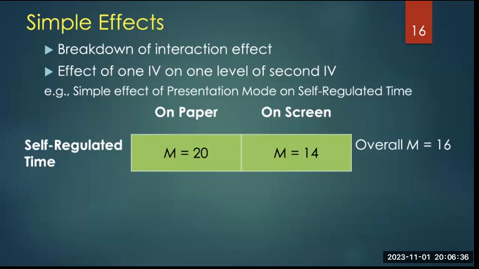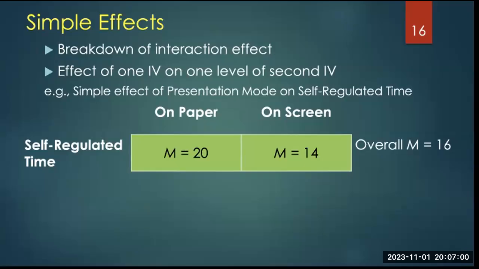So now let's look at the simple effect of presentation mode on self-regulated time. That's all we're looking at, right? Self-regulated time. When people studied it on paper, score was 20. When they studied it on screen, the score was 14. So overall, in terms of the self-regulated time, we had the average of 16, right?